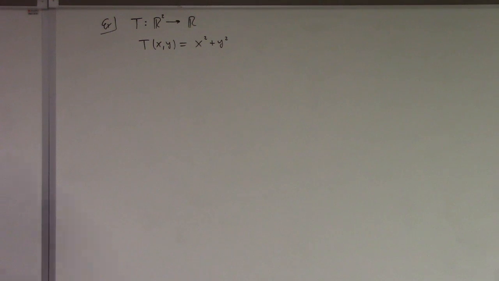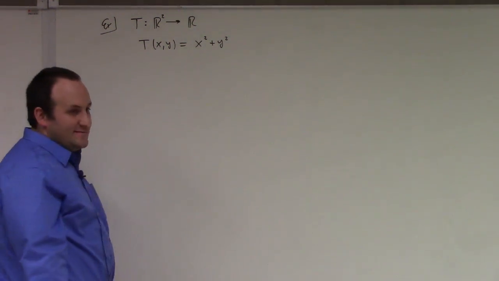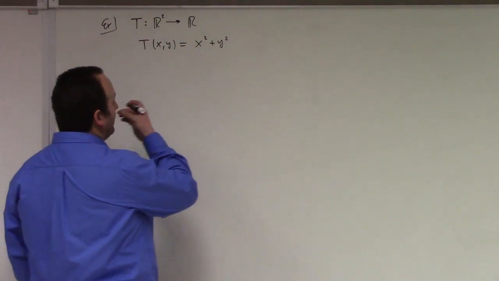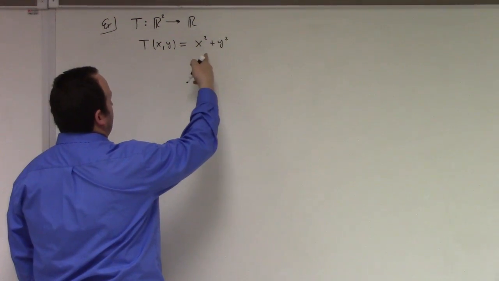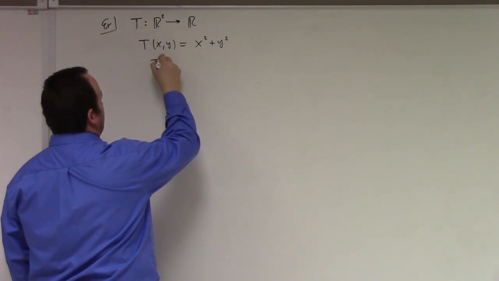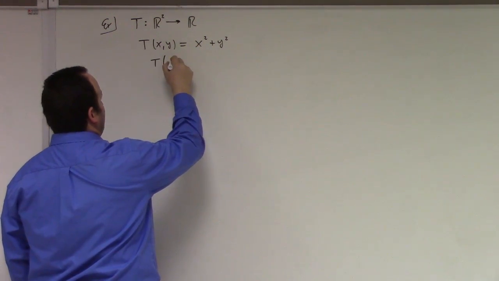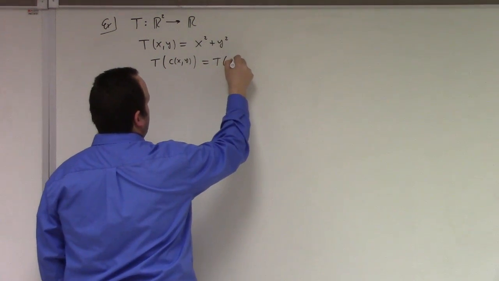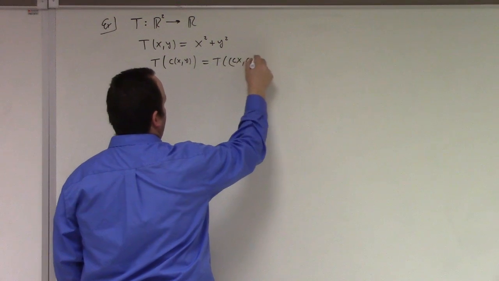Again, it fails to be both what? Additive and homogeneous, yeah. I'll just do the homogeneity. So here, if I have c times (x, y), that's what? (cx, cy), right?